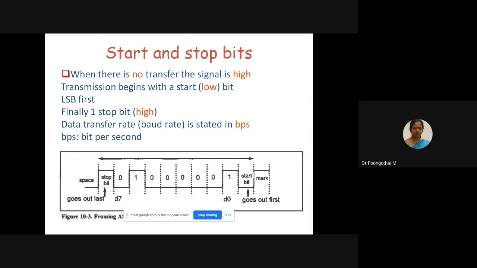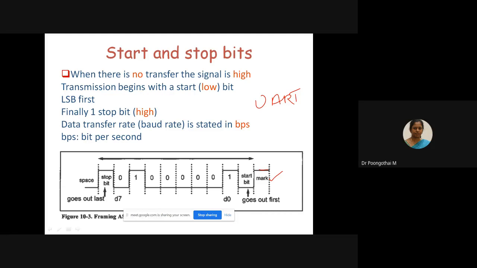So this is the data format to be followed in your 8051 UART, that is universal asynchronous receiver transmitter. When there is no data transfer, the signal is high; this is called mark.